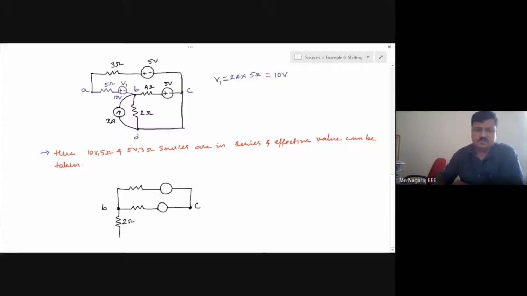This is node C, 5 volt. This is 4 ohms. And across this 2 ohms, I have a current source of 2 amperes.